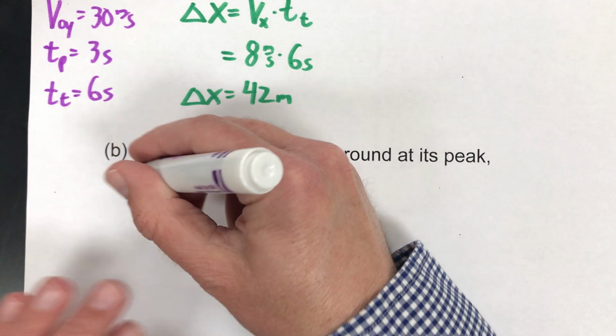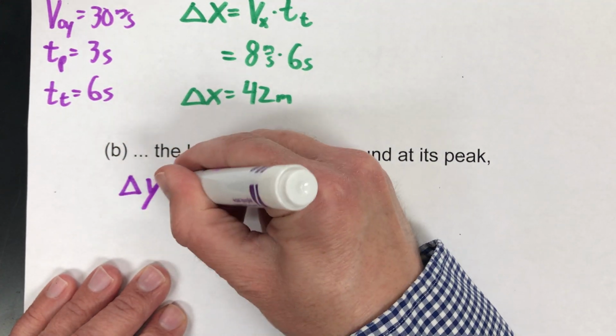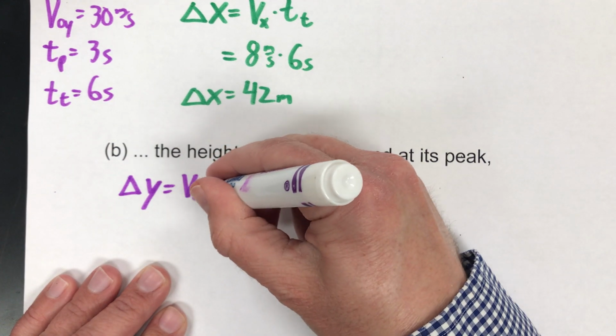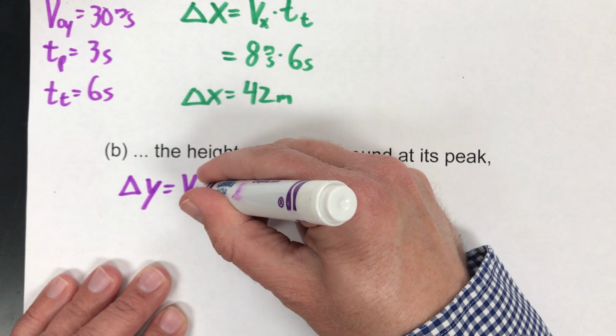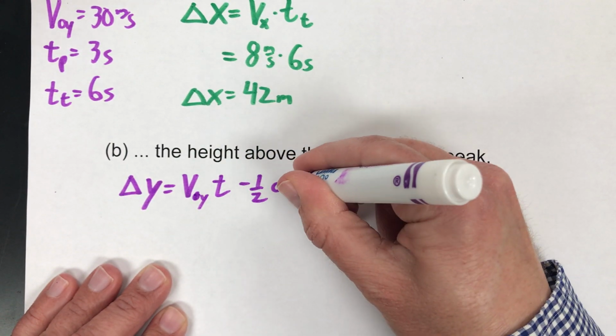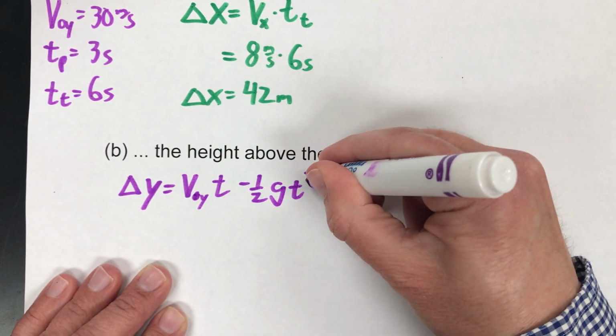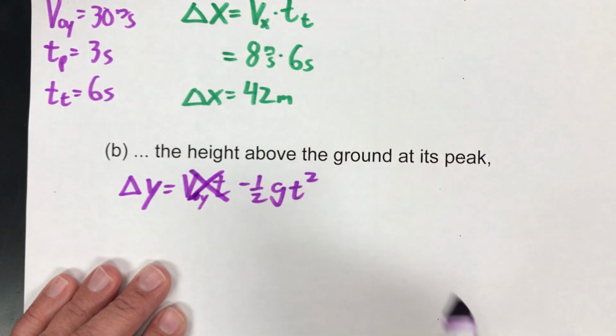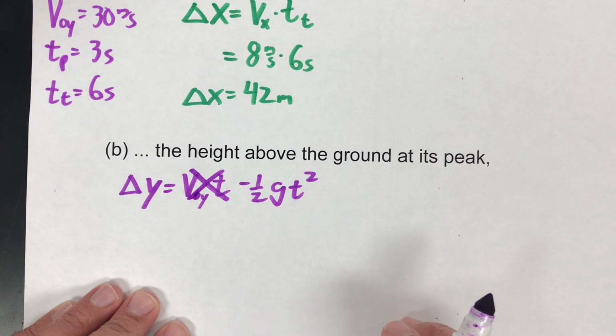The next question says, well, what about the height above the ground? That is a vertical question. That is using the fourth equation that says our vertical displacement is our final y velocity times time minus 1/2 times our acceleration times our time squared. So there is no final velocity at the peak. That drops out to be 0.